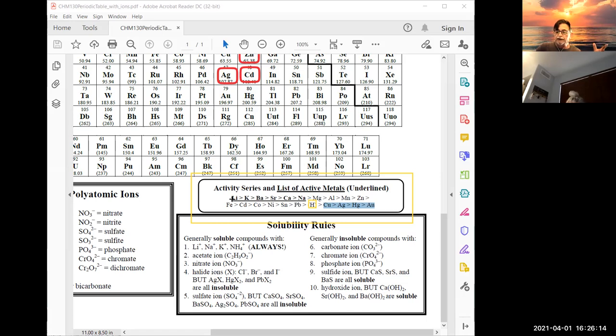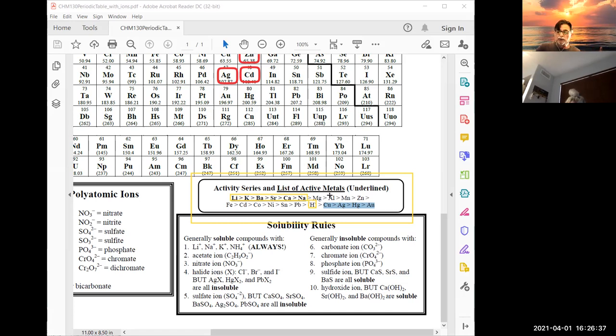So you can see that lithium is the most reactive metal we have in this series, and gold is the least reactive metal, okay? The species that are in bold and highlighted, those guys are extremely reactive. You simply put those in water and they react violently.